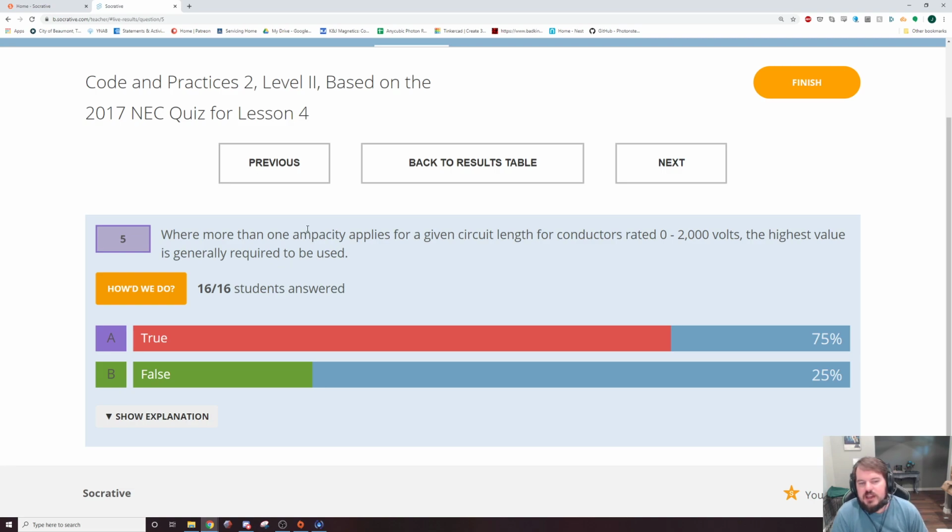I thought that was saying where more than one ampacity is being applied to a set of circuits, which didn't make sense, but I was like, sure, you would use the highest. But this is if you're using number 12 and number 10 in the same circuit, you have to use the value for the number 12 whenever you look up your ampacities. Alright, yeah, that makes a whole lot more sense.